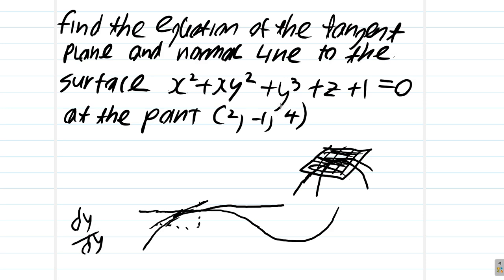Now what we need to do here is to find that gradient vector, right? The gradient vector of the function would be, now to find it, oh, I said dy by dx here, this should be dx.